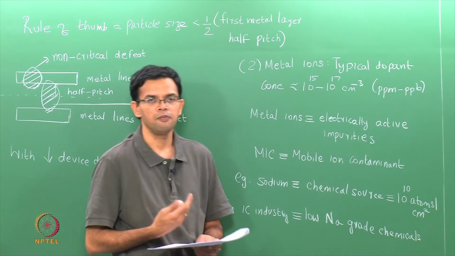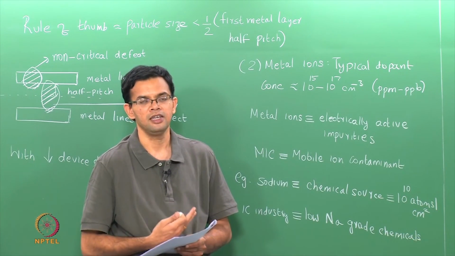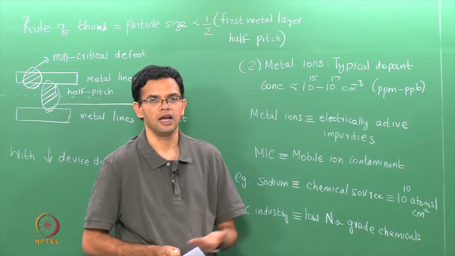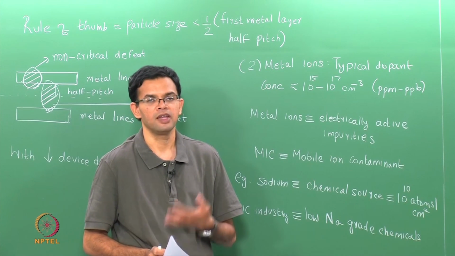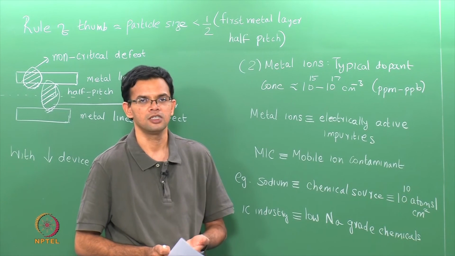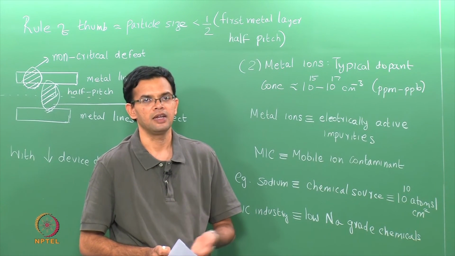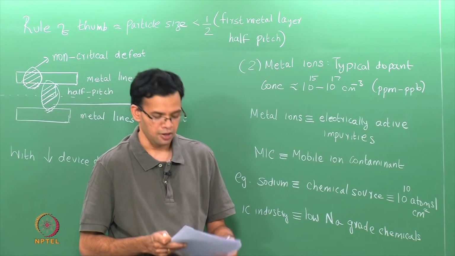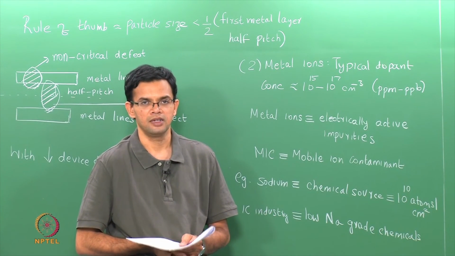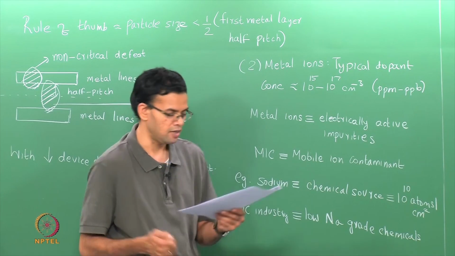So, the regular purity of chemicals that are routinely used in other areas is actually not sufficient for the IC industry. So, we specifically need chemicals that have a low concentration of metal ions in order to reduce any contamination due to the metal ions. So, the next classification of contaminants are your process chemicals.